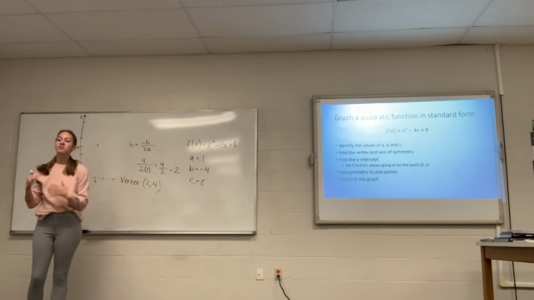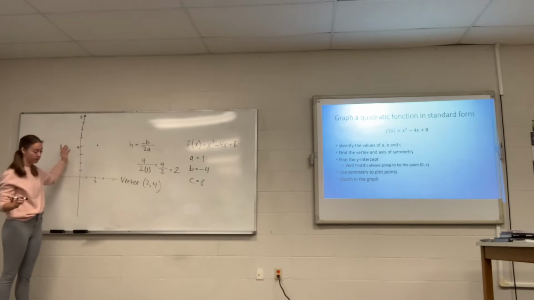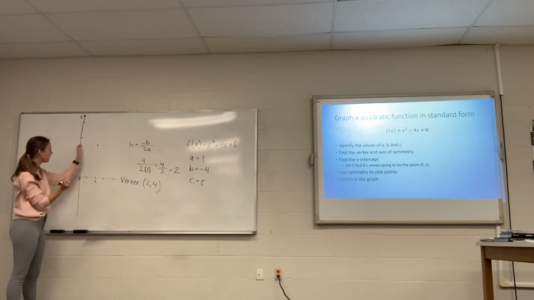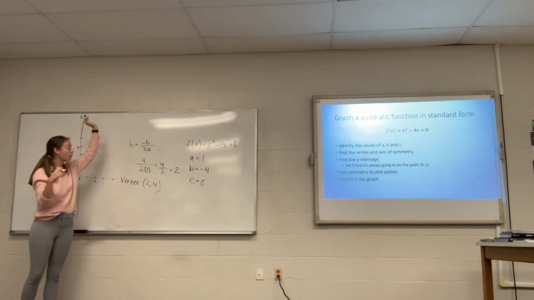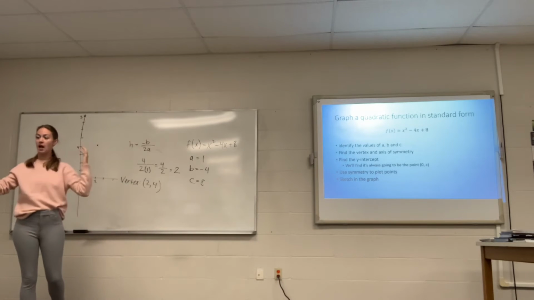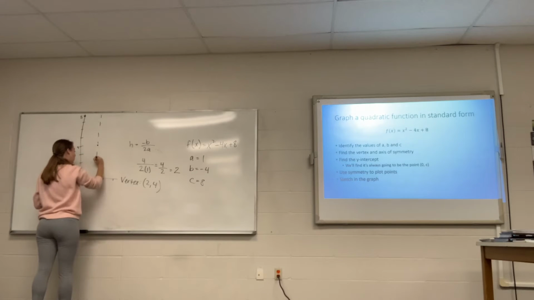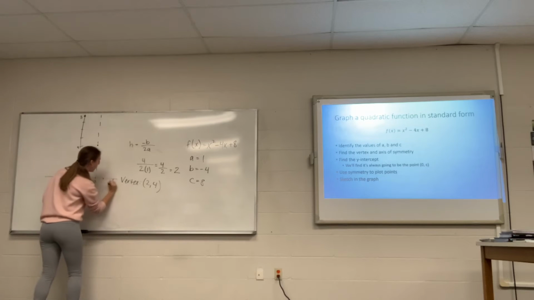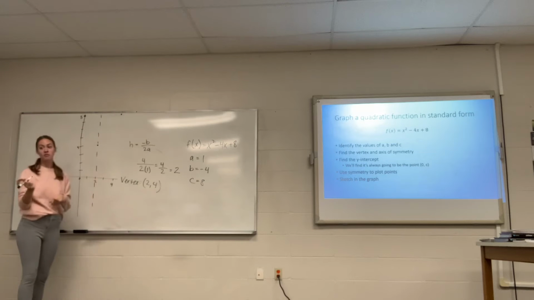Well, based off of the symmetry, I know that since I went over 2 in this direction and up 4, because here I am at 0, 8, I can also go 2 in the opposite direction and go up 4 from my vertex as well, because here's my axis of symmetry right down the middle at x equals 2. So I know I also have a point at 4, 8, just based off of that symmetry right there.